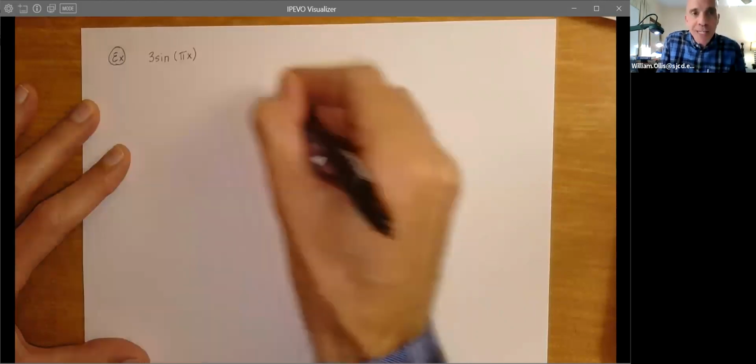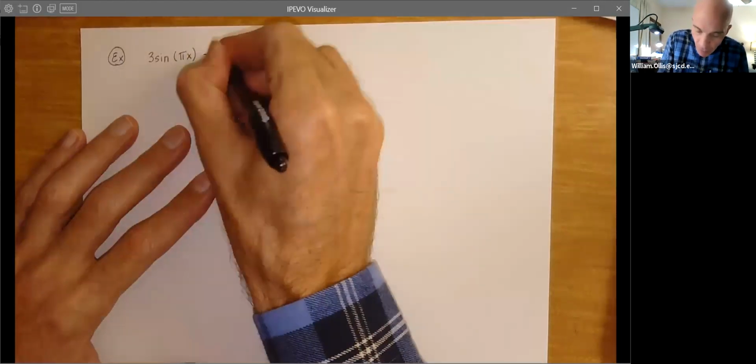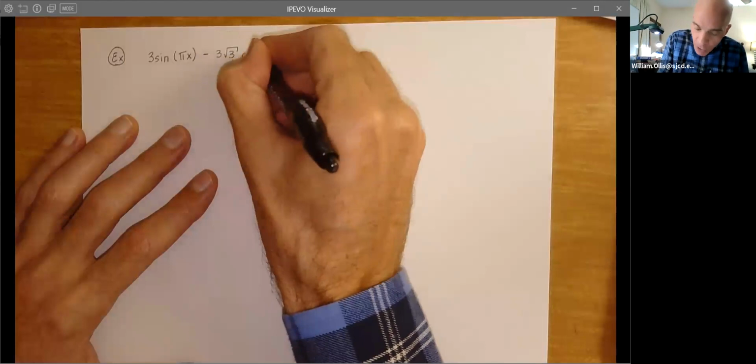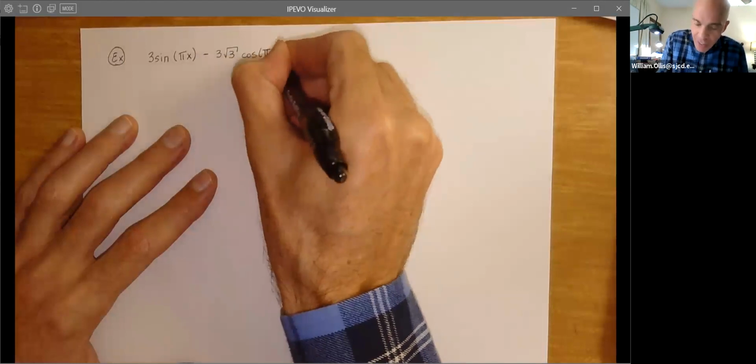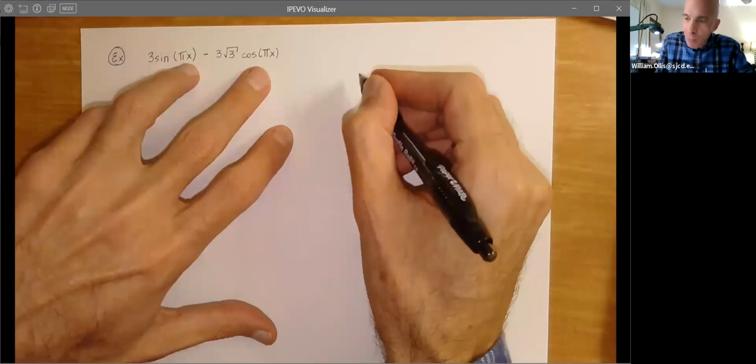So we have 3 sine of pi x minus 3 root 3 cosine pi x. Here we're seeing that the x has been replaced with pi x, so we're making the period smaller.